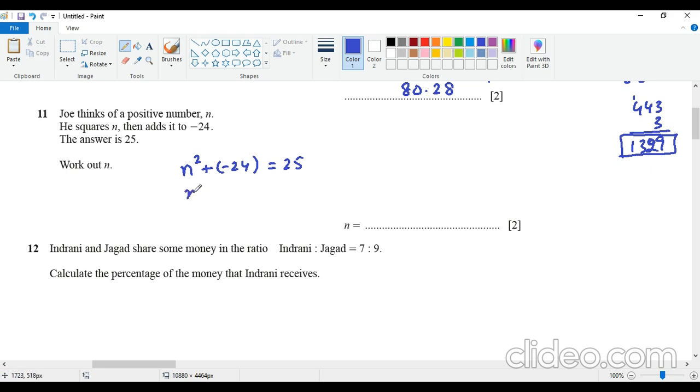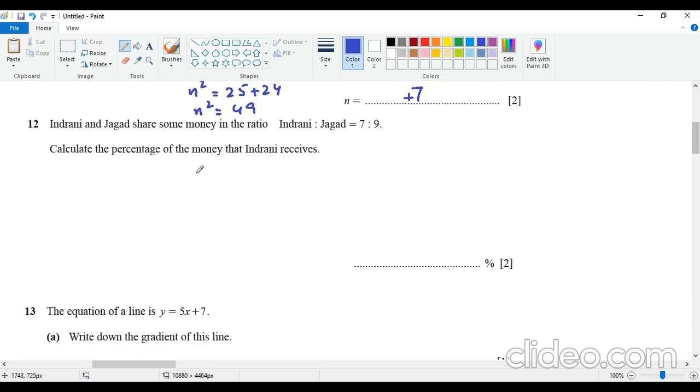So n square plus minus 24 equals 25. n square equals 25 plus 24, n square equals 49. So n is going to be 7 or minus 7, but since the question says positive number, you will say positive 7 is the right answer.